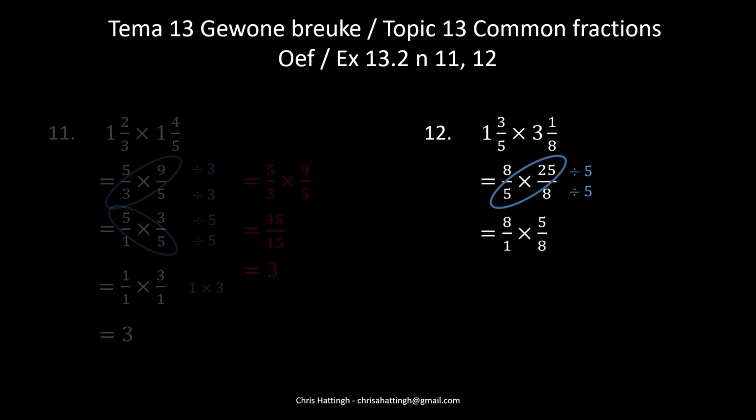So in the next step, you'll sit with 8 over 1 times 5 over 8. Now you'll see that the 8s cancel each other out, or can be simplified by dividing by 8. So 8 divided by 8 gives you 1, and 8 divided by 8 gives you 1. So the next step will be 1 over 1 times 5 over 1, or just 1 times 5. That gives you a final answer of 5.